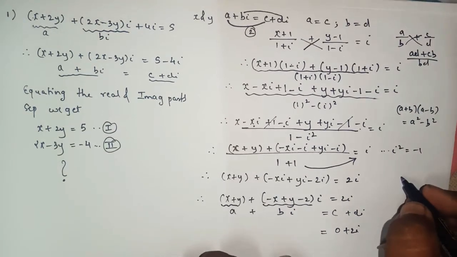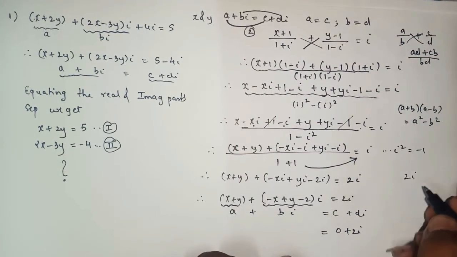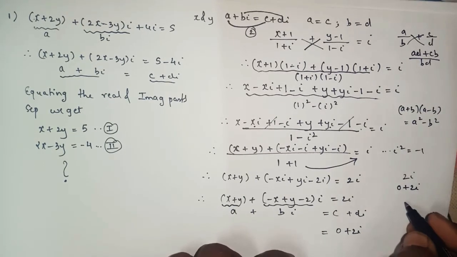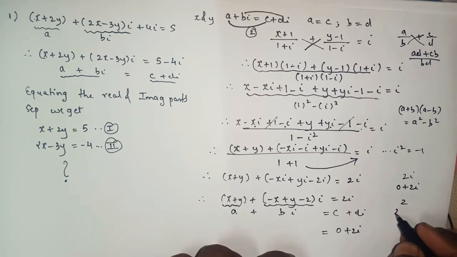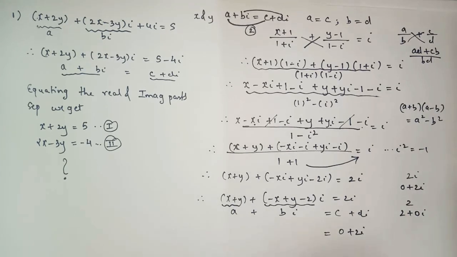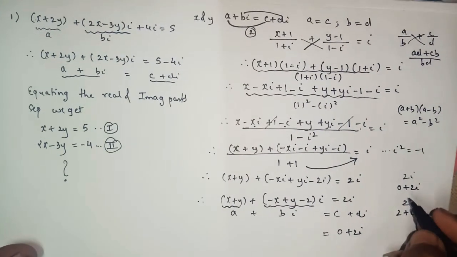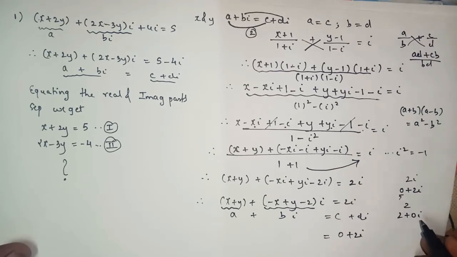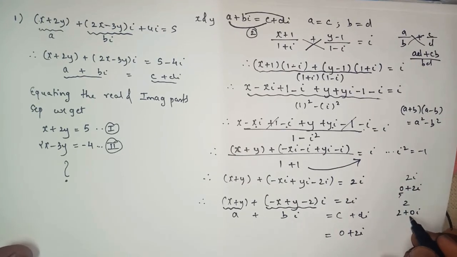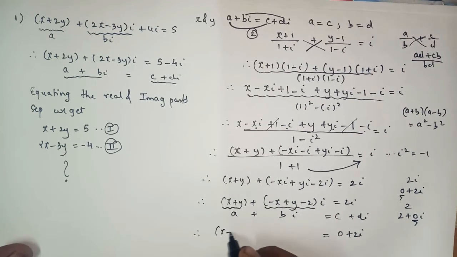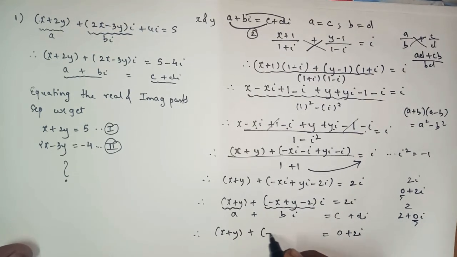Suppose 2i is there, so this we can write as 0 plus 2i. If only 2 is there, we can write it as 2 plus 0i. So whichever term is absent, whether a is absent, in place of a you will write 0, and if b is absent, in place of b you will write 0. Okay, so now we'll keep this part as it is.